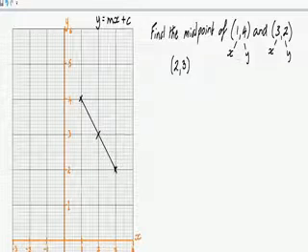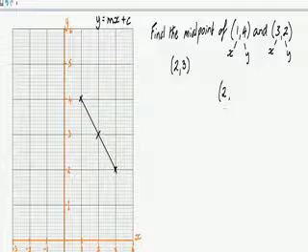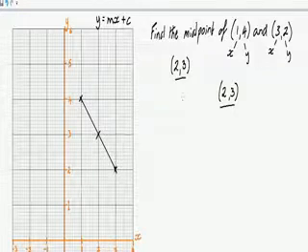You take the 2 X numbers, so 1 and 3, you add them together, which gives 4, and you divide by 2. 4 divided by 2 gives me 2. And you do exactly the same with the Y. So 4 plus 2 is 6, divided by 2 is 3. And lo and behold, you get the same answer.